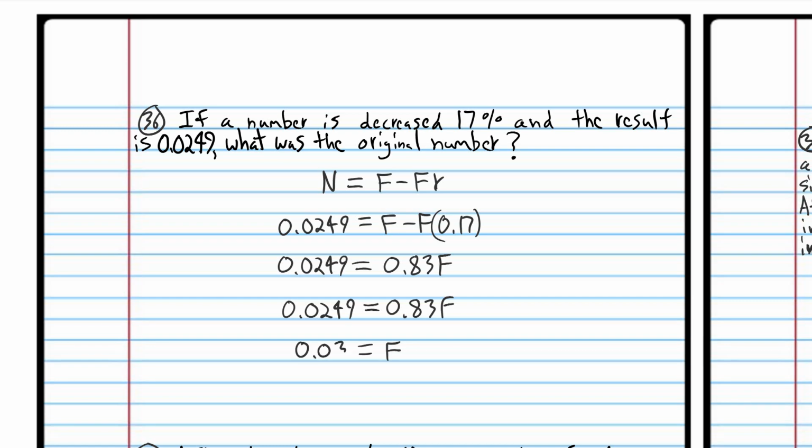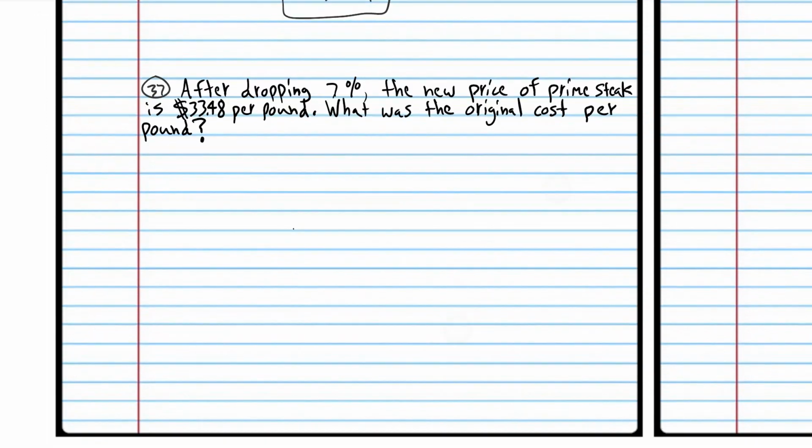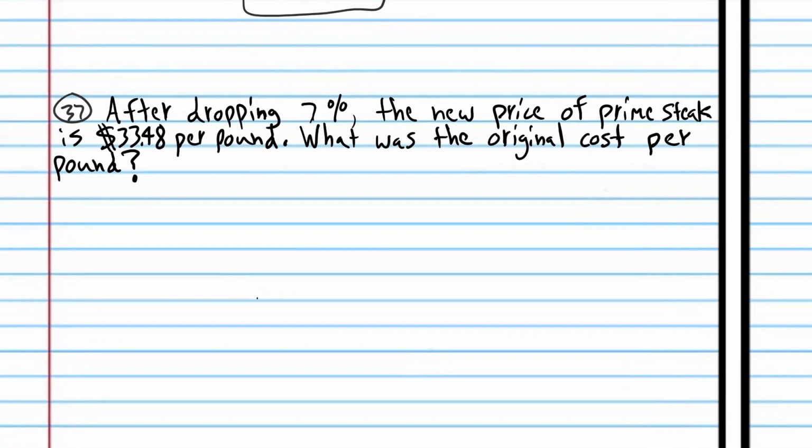So the original number was 0.03. So if you got 0.03, good job. All right, so try 37, and when you come back, we'll do it together.